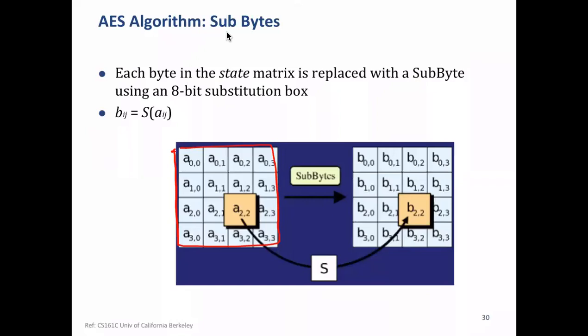It could be linear or matrix form, but here it is shown in the form of a cube or matrix. Then you take one byte, let's take A22, use some substitute function S, and change this to B22, and do this for each byte. This is called substitution. Now what is this S? We can find that out, even details of that are available.